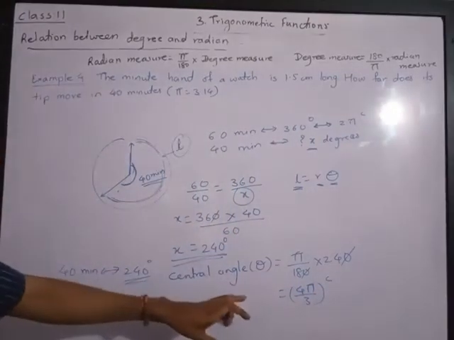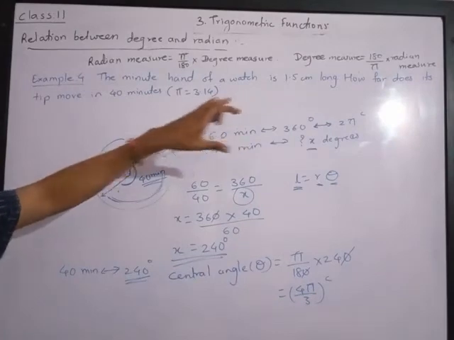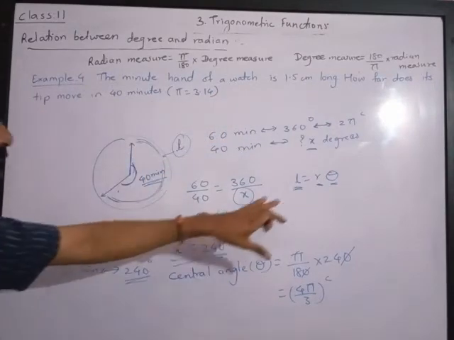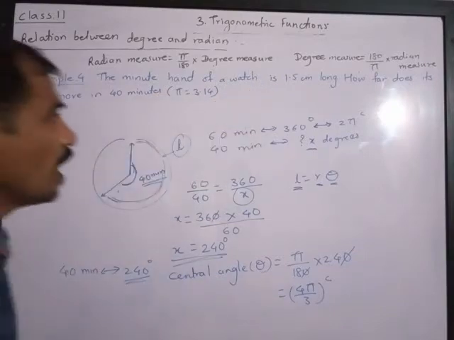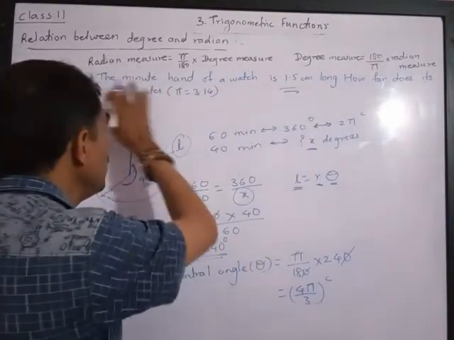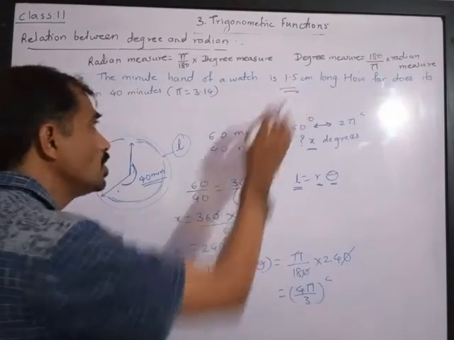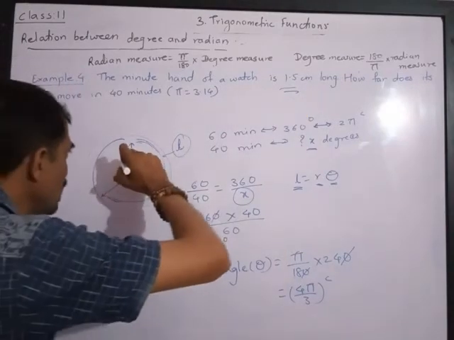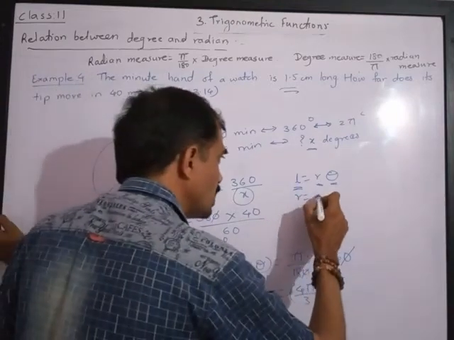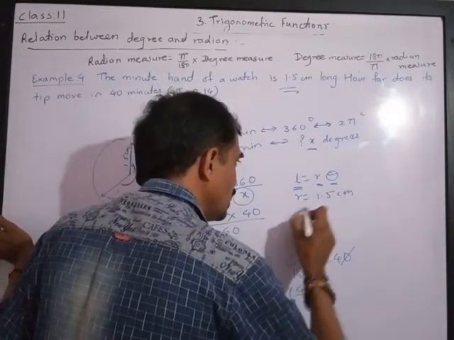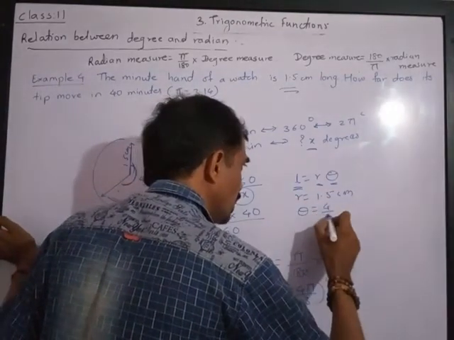Now we are told to find L. R, the radius, is given, radius is 1.5 centimeter long. We are given the minute hand of the watch is 1.5 centimeter. It means this radius is given 1.5 centimeter. Theta we have found as 4 upon 3 pi.